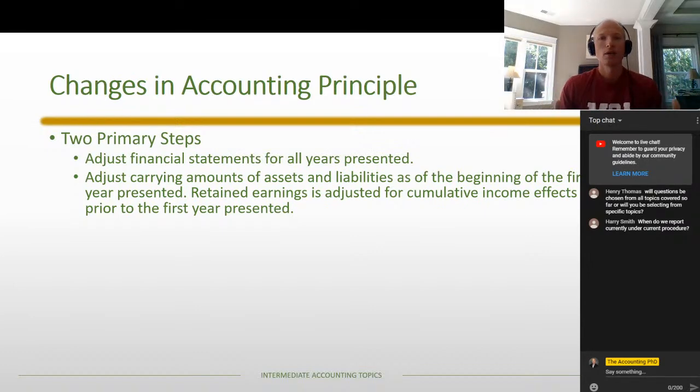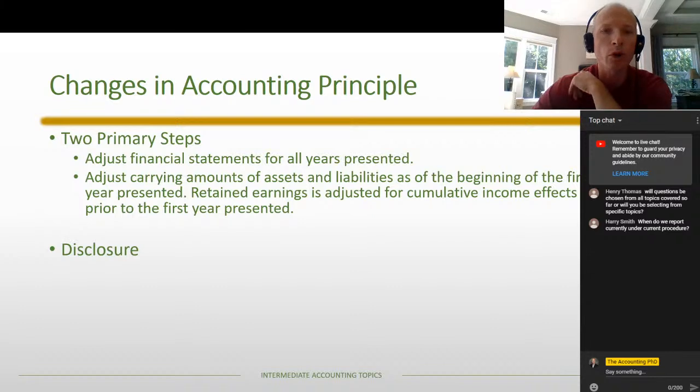So again, anything that's presented, you have to make adjustments to the financial statements, and then you have to look at carrying amounts for assets and liabilities from the earliest year that they're presented. And basically, you have to then accumulate all of that and present it all as if the new principle were always being applied.